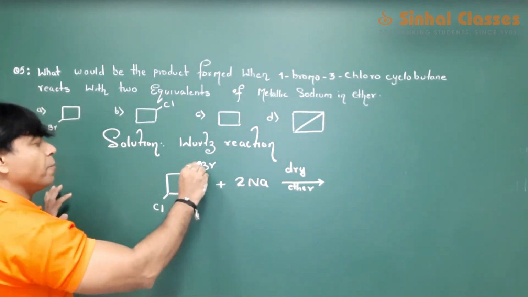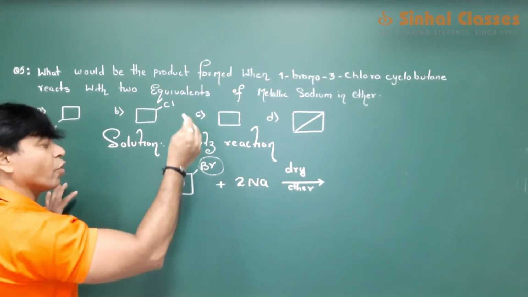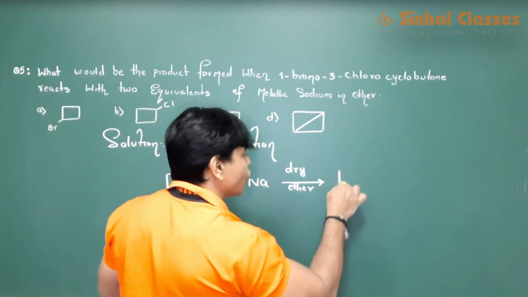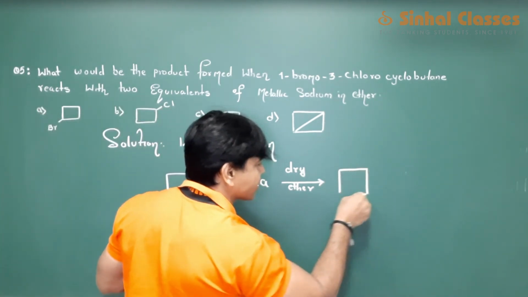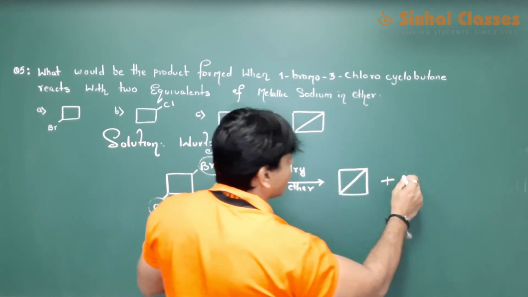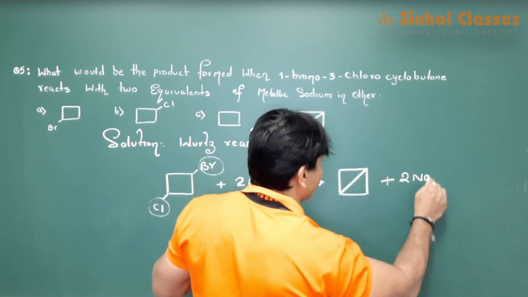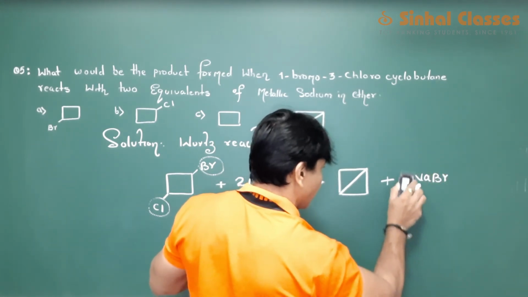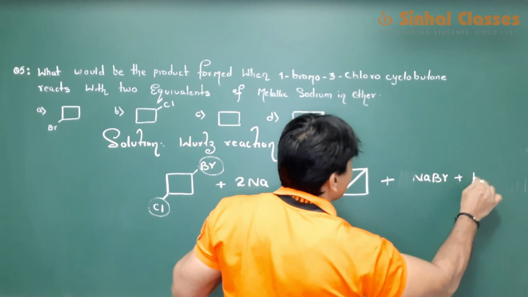What will happen? One Na will go with Br, other will go with Cl. So what we get is a product along with 1 NaBr and NaCl.